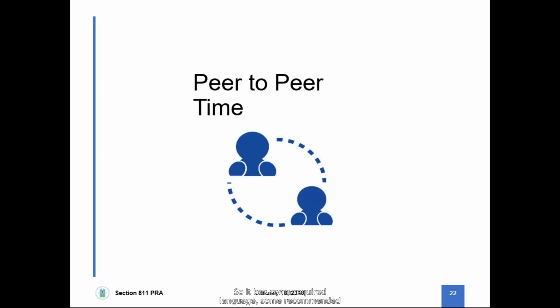So it has some required language, some recommended language, and then it spells out how you have to articulate the credit, criminal, rental criteria, and things like that.